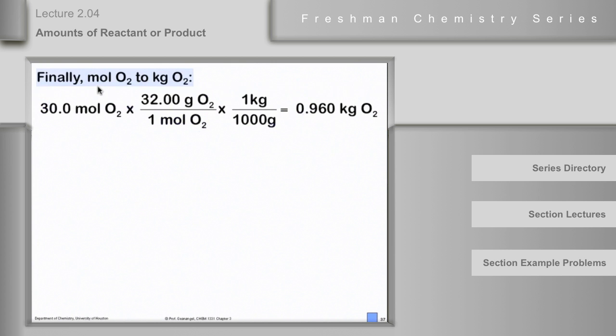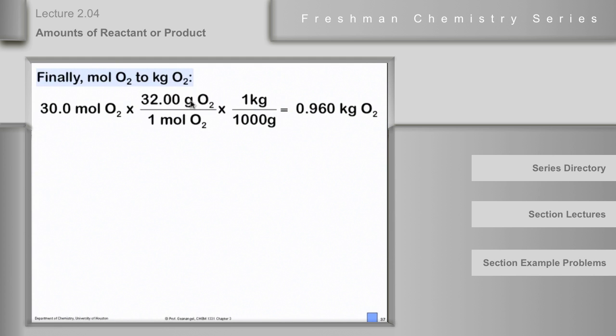The final step is to convert moles of dioxygen to kilograms of dioxygen. So we'll do a mole to mass to grams, and then from grams to kilograms. And as you see, this is the answer, 32 grams of dioxygen. Many students make the mistake of writing a 16 right there. Oxygen doesn't come as atoms. It comes as molecules. So you have to obey the formula here.